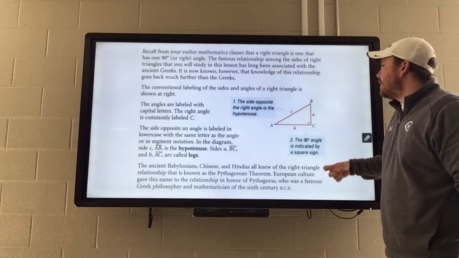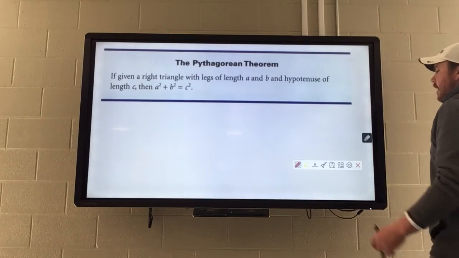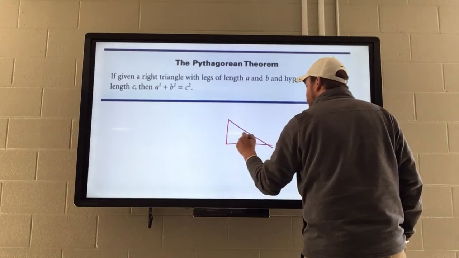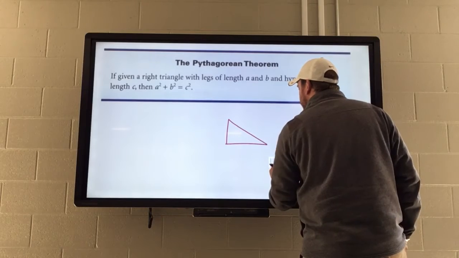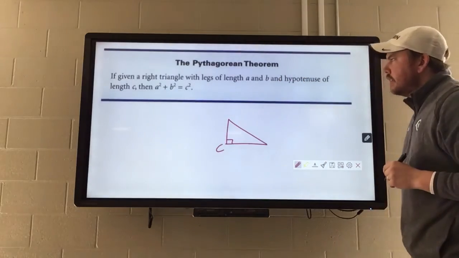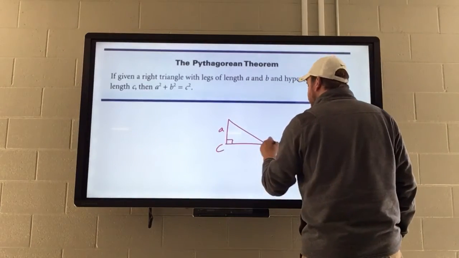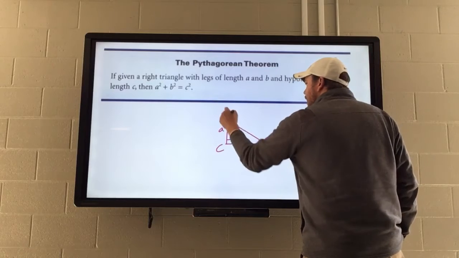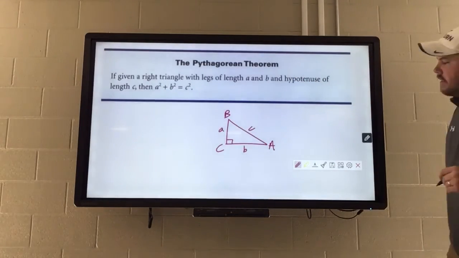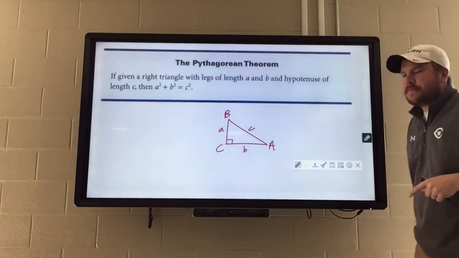So, how are we going to use this? If given a right triangle, something like this, and again, we call the right angle C. If given a right triangle with legs of length A and B and a hypotenuse of C, then A squared plus B squared equals C squared.